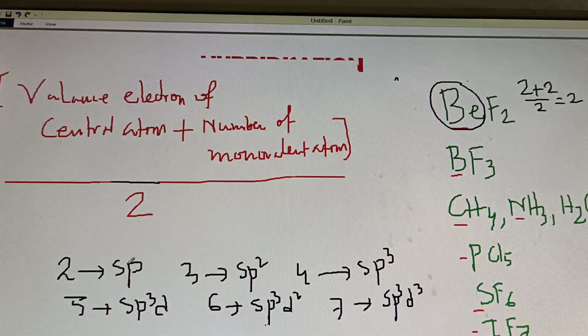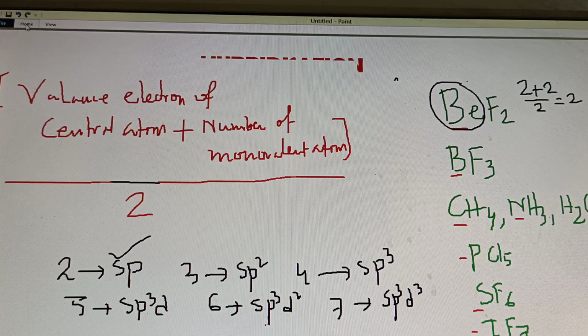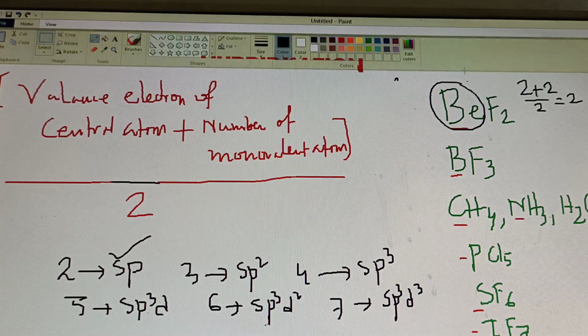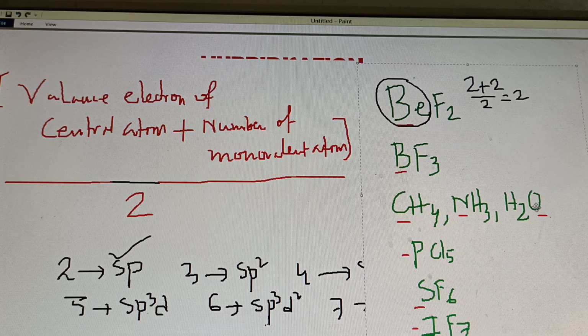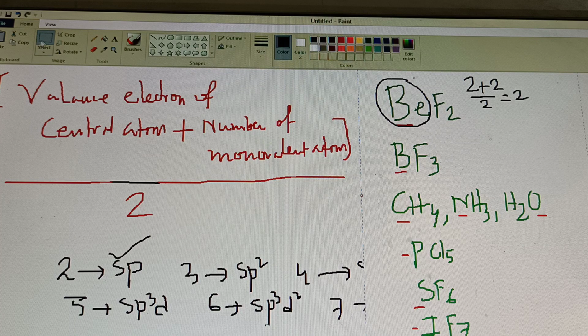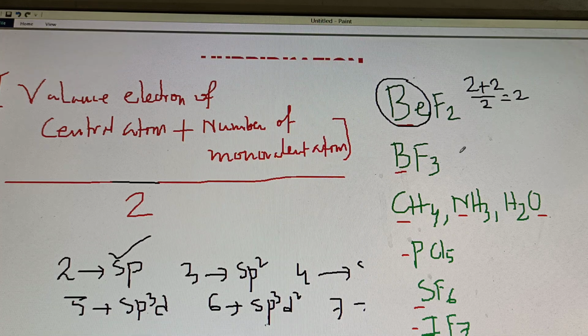So 2 means sp. Next, BF3, that is boron, valence electron 3, plus 3 monovalent fluorine attached, 3, divided by 2, that is equal to 3. 3 means sp2. Clear?